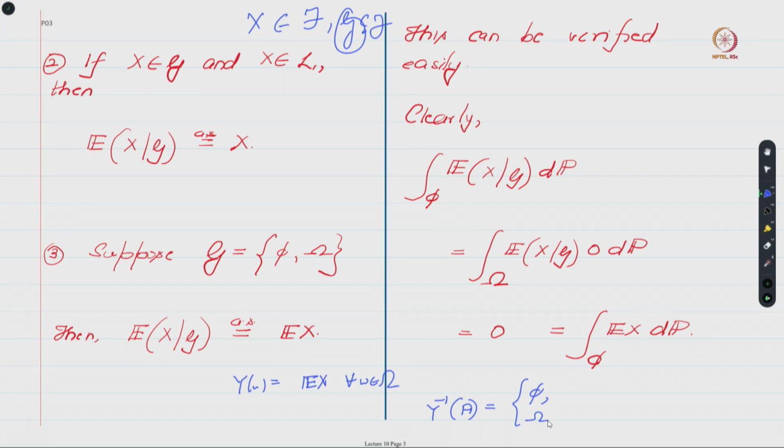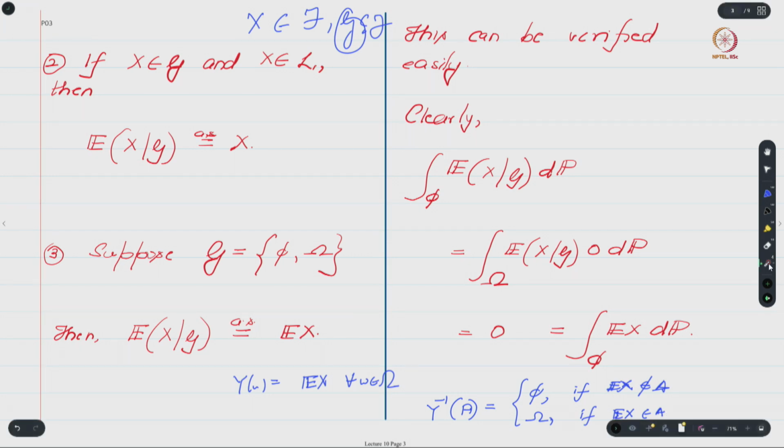It will be the empty set if the expected value of x, which is a real number, does not belong to A. On the other hand, if the expected value of x belongs to A, then y inverse of A will be omega.